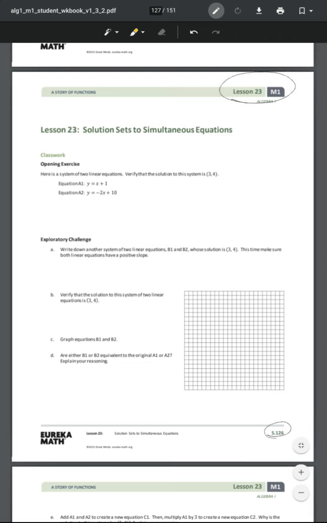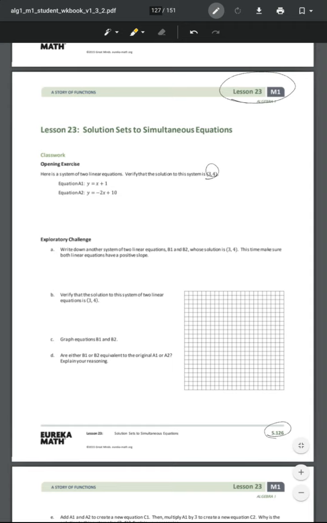The very first opening question says, here's a system of two linear equations, and we need to verify that the solution to the system is (3, 4). So we have two different equations, A1 and A2, and in order to see if something is a solution to the system, we need to substitute (3, 4) into our two equations.